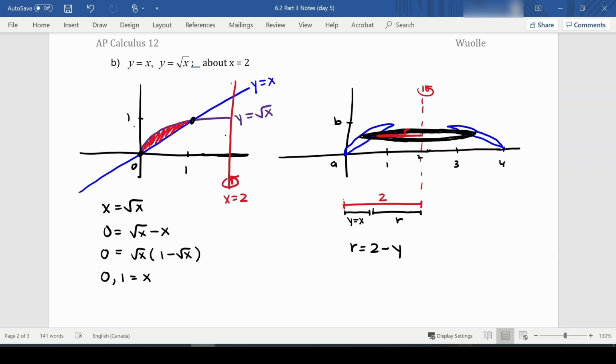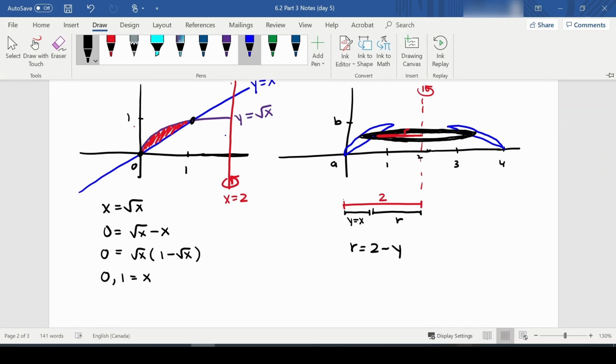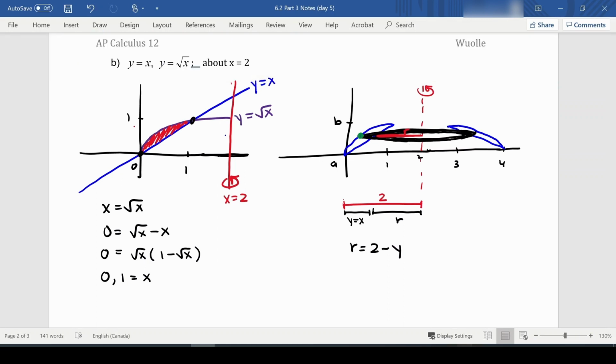We need it to be with respect to y, which is why we're doing minus y and not minus x. Our outer radius is coming a little bit farther, reaching this point right here. So our outer radius is this entire distance, and the leftover distance that we didn't have is our other function, y equals root x. In other words, if y equals root x, then y squared equals x.